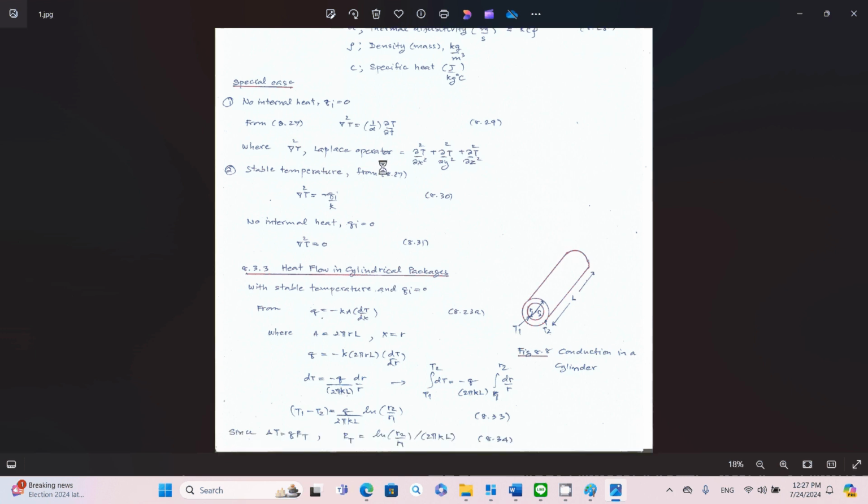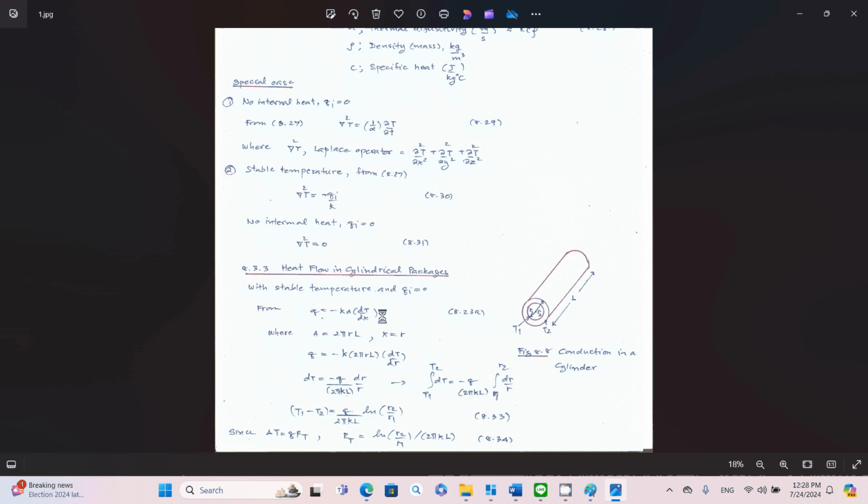Now let's move to topic 8.3.3, heat flow in cylindrical packages. Let's consider when you have no heat source, that means your Qi equal to 0, and from the heat equation 8.23a, your Q is negative KA times the derivative of temperature with respect to x.